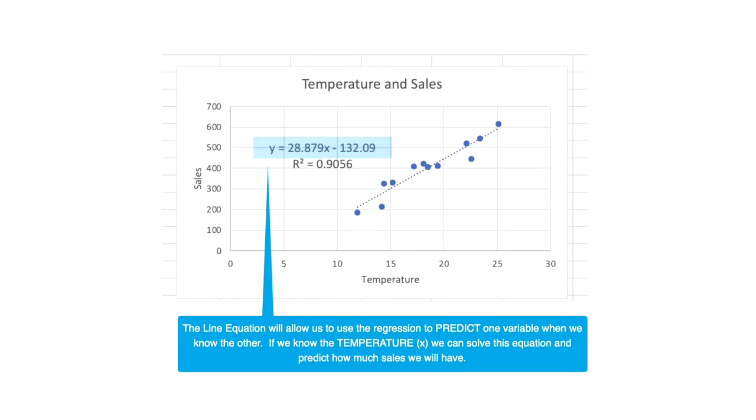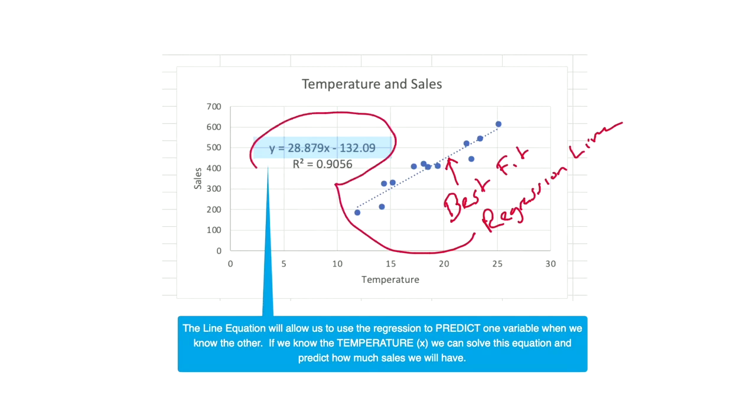The final thing that we asked to look at is to compute this particular line. This is the best fit line, or the regression line. And with that comes this formula. Now we can use this formula depending on whether we know y or we know x.